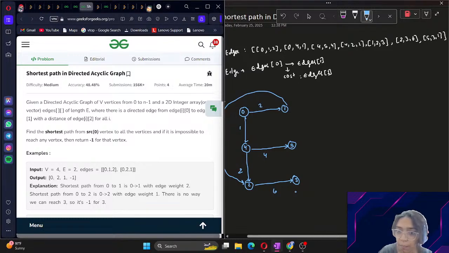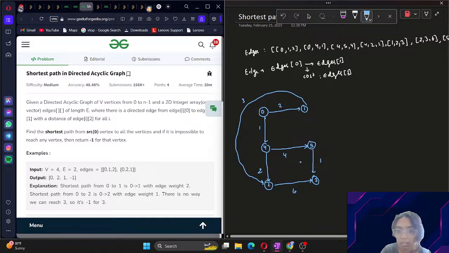And 5 to 3, we have an edge of cost 1. So this is the graph.